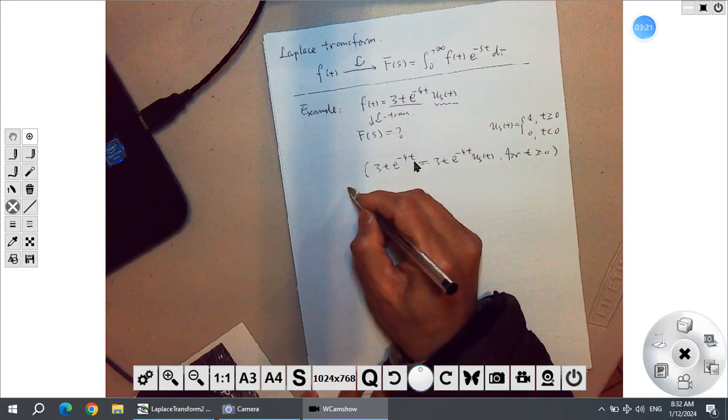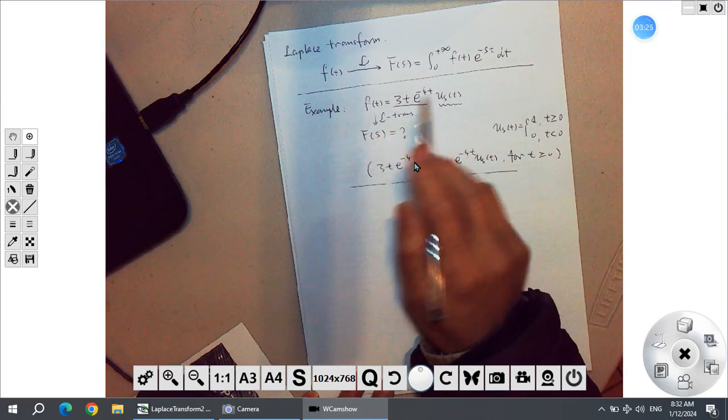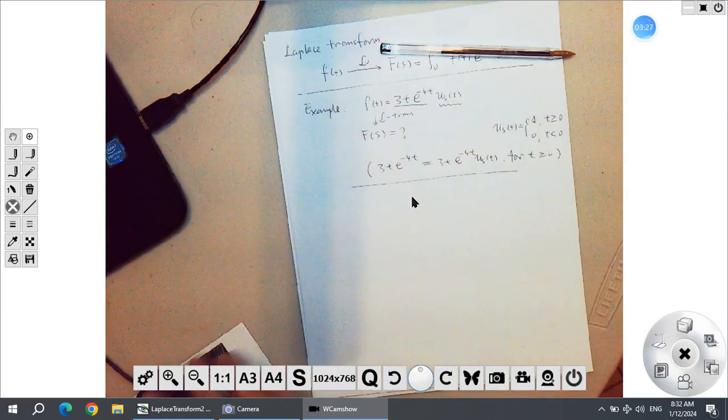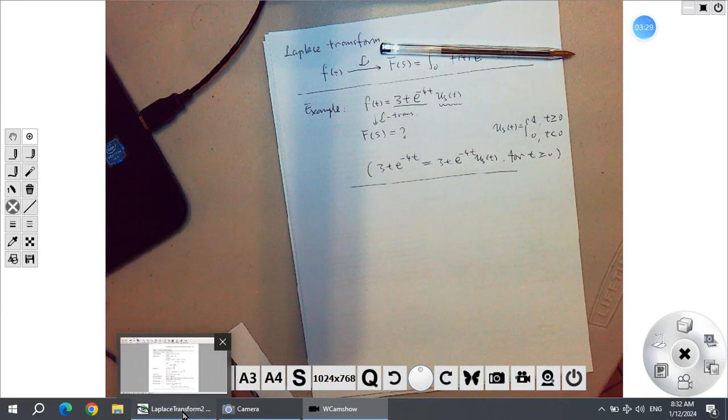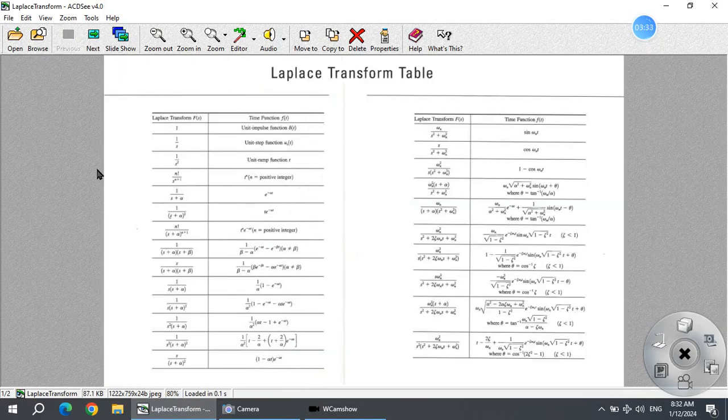Alright. Now we want to find the Laplace transform. We check the table first. If we can find it from the table, that will be great, right? Okay, go to the table. We have two tables. Can we find it from here? It's t times e to some power of t. Okay, it is here, right? t to the n times e to the negative at.